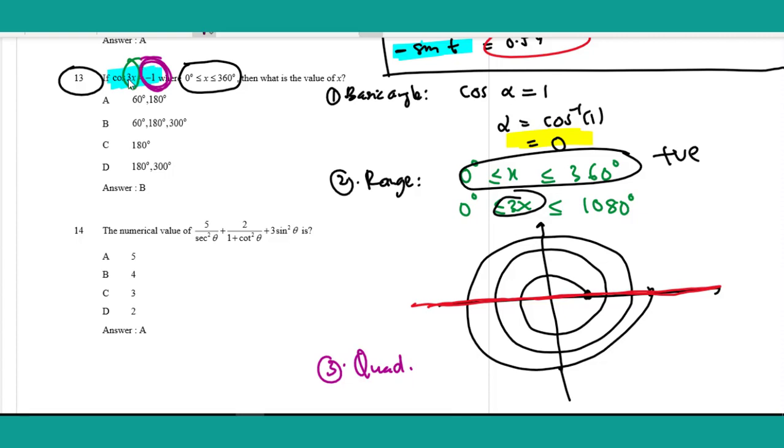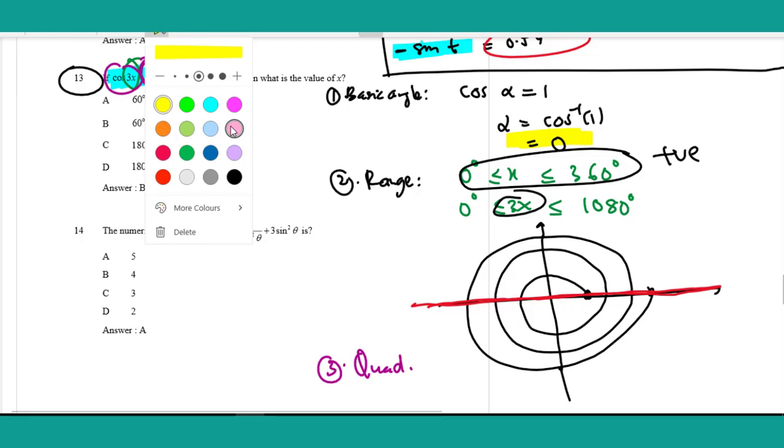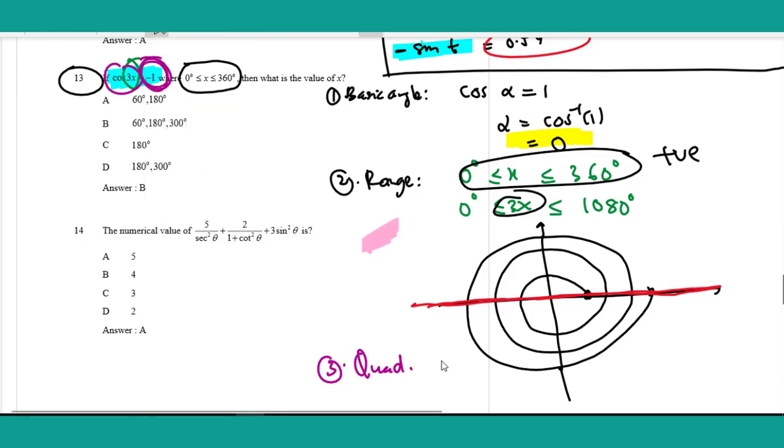This one is negative. Cos negative lies in the second quadrant. So you can check the answer: the basic angle, this line, the red line, overlaps the angle on the circle. So this one is 1.